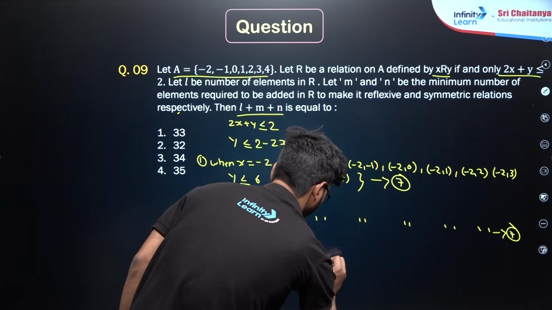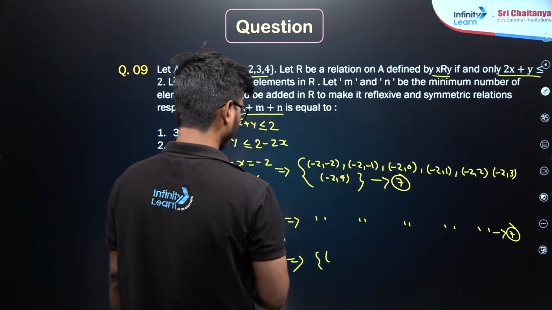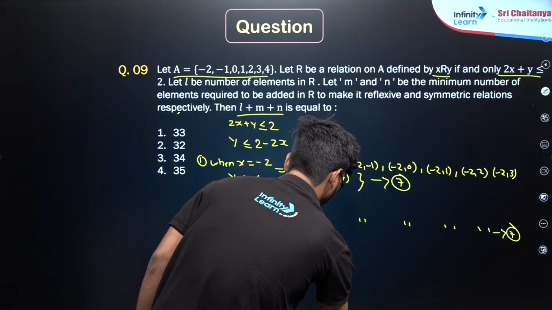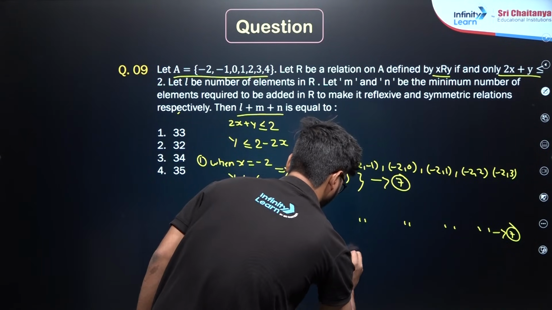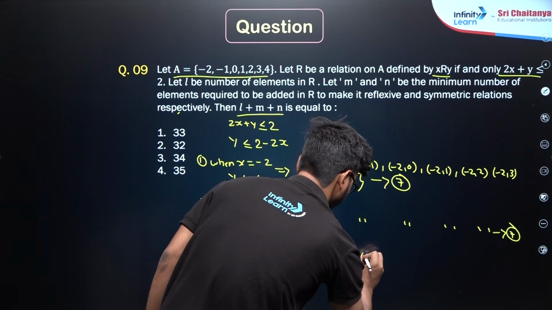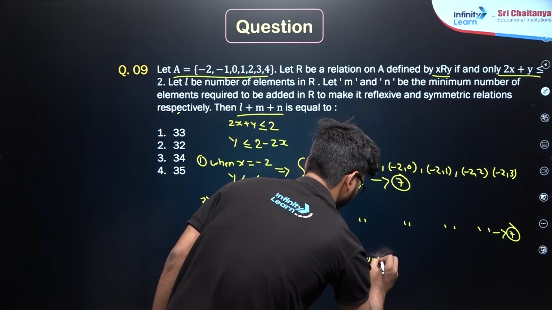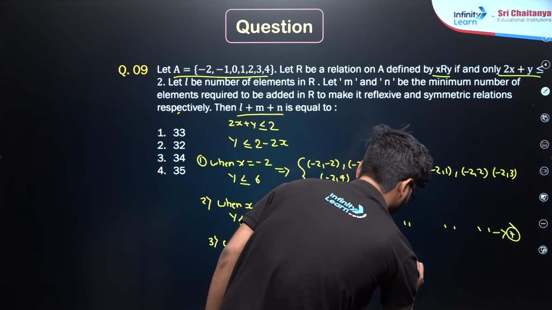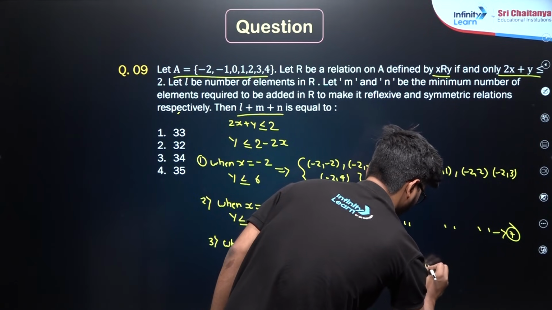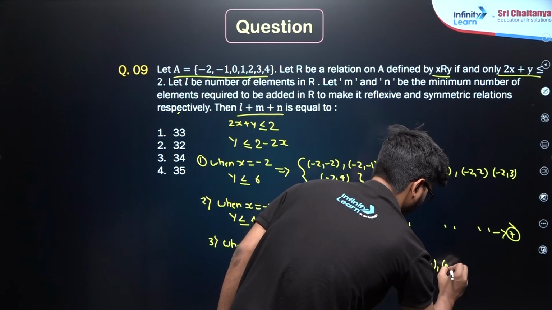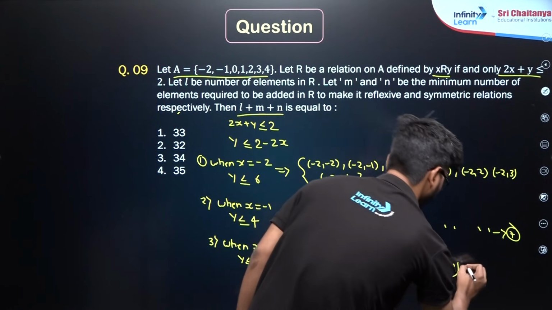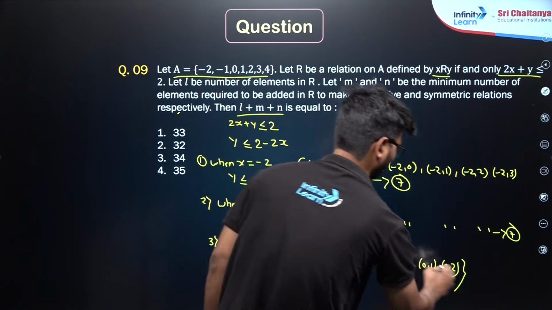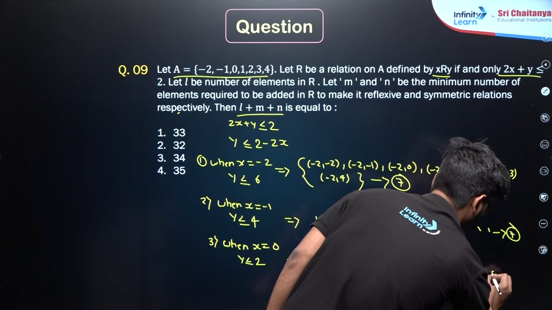We are going to get (0, -2), (0, -1), (0, 0), (0, 1), (0, 2), correct? So total how many? 1 2 3 4 5. From here we are getting 5.